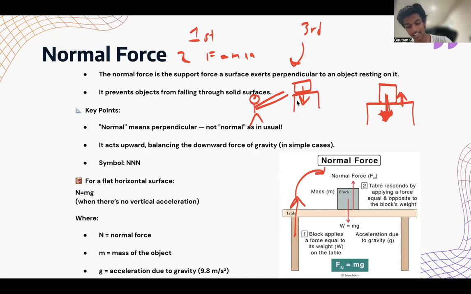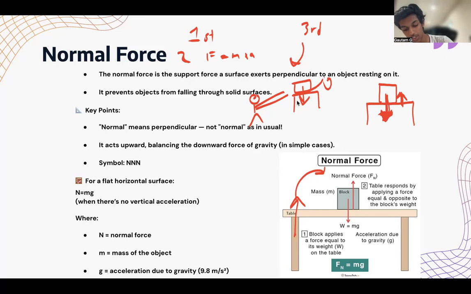When he places this box on the table, this box will display a force downwards due to gravity, right? Because gravity is pulling it downwards, correct? But the point of the table is to make sure it stands up, correct?